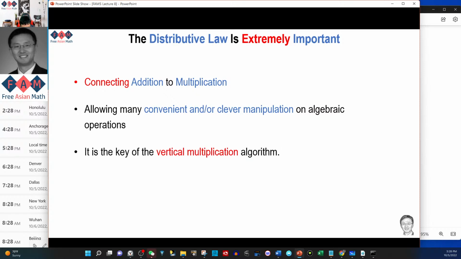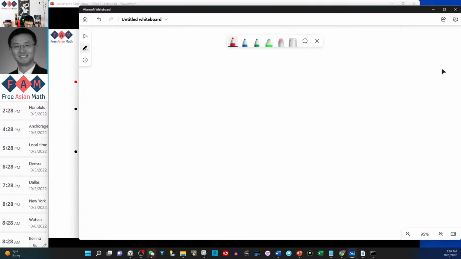Okay, so this is the key for the vertical multiplication algorithm. We just saw, right? 948 times 257. We perform that vertical multiplication.